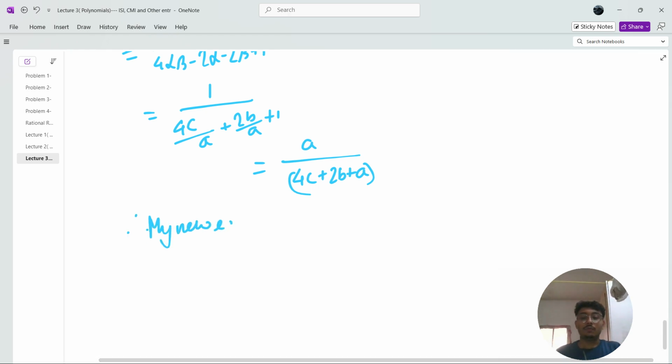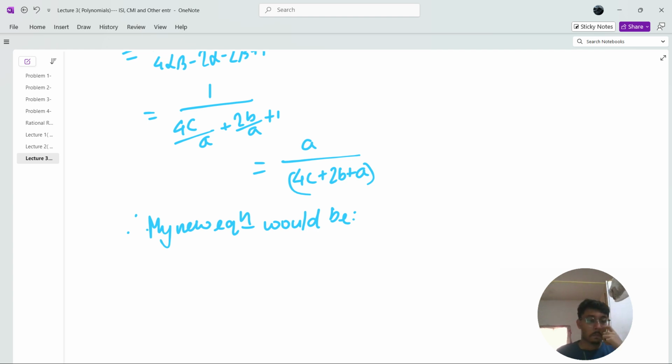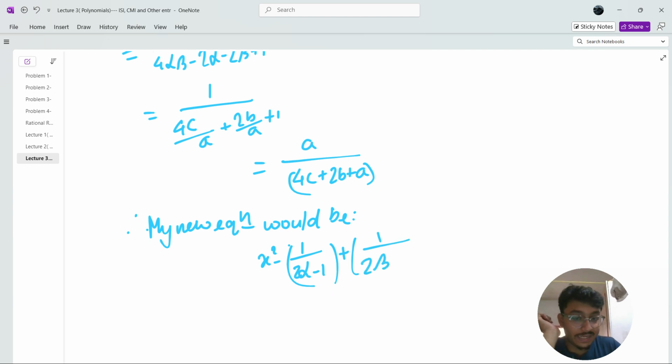Therefore, my new equation would be x square minus 1 by 2 alpha minus 1 plus 1 by 2 beta minus 1 of x.